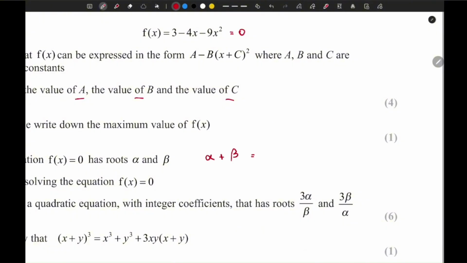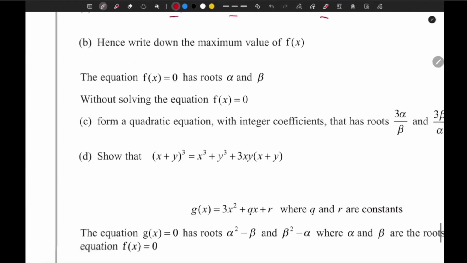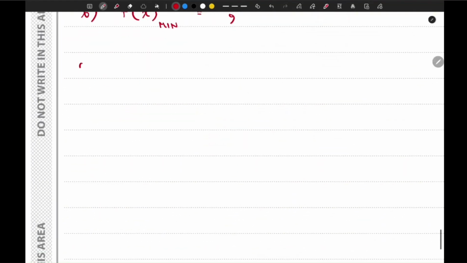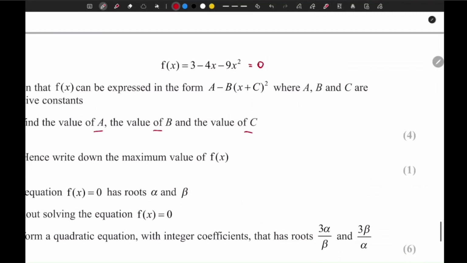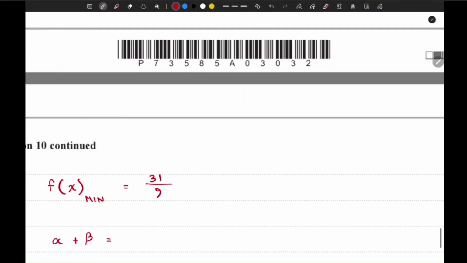Let me just write this down below. The formula for alpha plus beta is negative b over a. So b is this part and a is this one. So this will be negative 4 over 9.